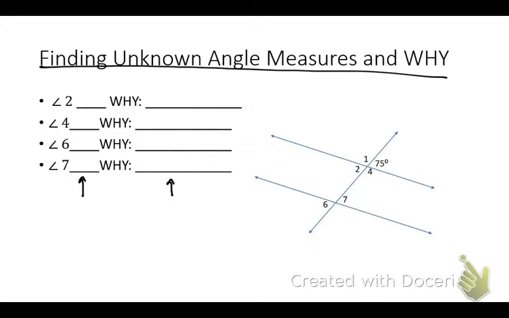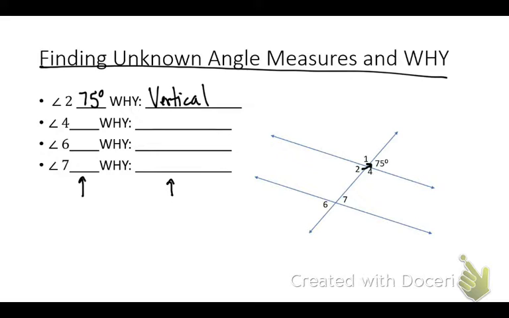Okay, so angle 2, guys, this is the one you cannot afford to get wrong. What is the measurement of angle 2? 75. Why? It's vertical. Guys, there's no math to do. All you have to do is recognize 2 is straight across from 75. So it's vertical and their angle measures are equal.